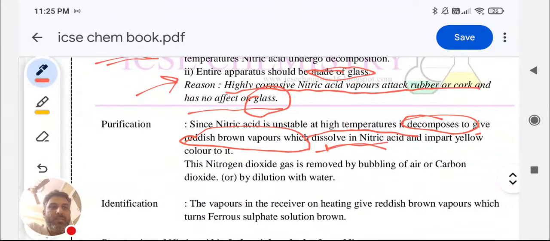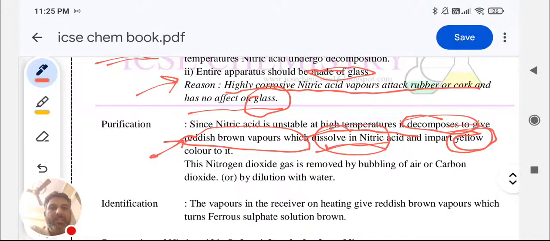So this will give a yellow color to the nitric acid when you prepare nitric acid by the lab method. So this happens because nitric acid is sensitive to heat and it undergoes decomposition to give reddish brown nitrogen dioxide, which remains dissolved in nitric acid, and it gives a yellow color to the nitric acid.